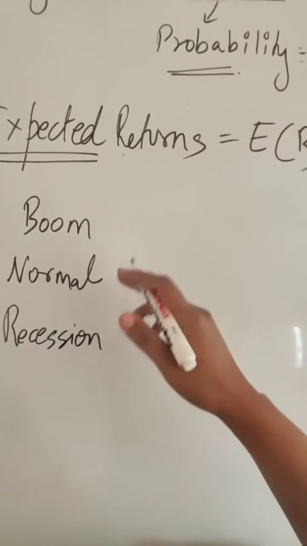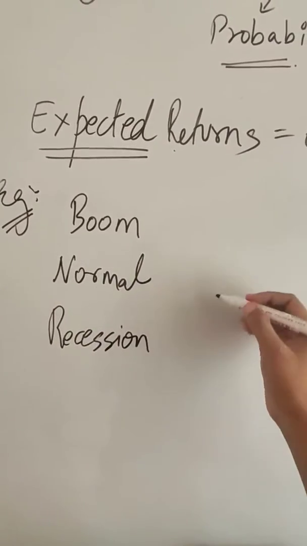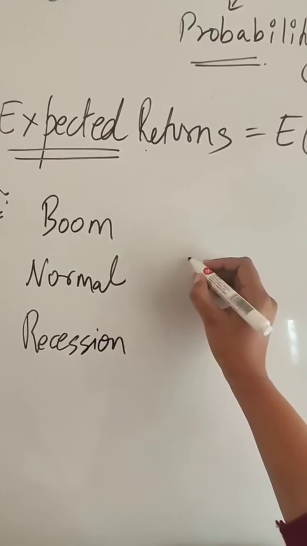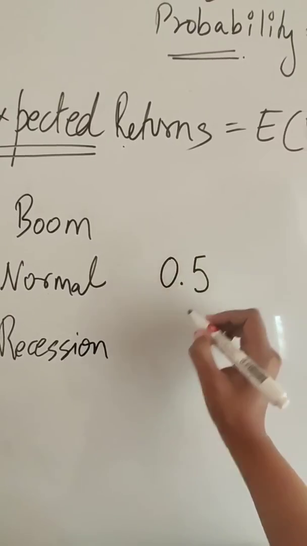So these are the three different scenarios. Being a normal scenario, the probability is say 0.5.